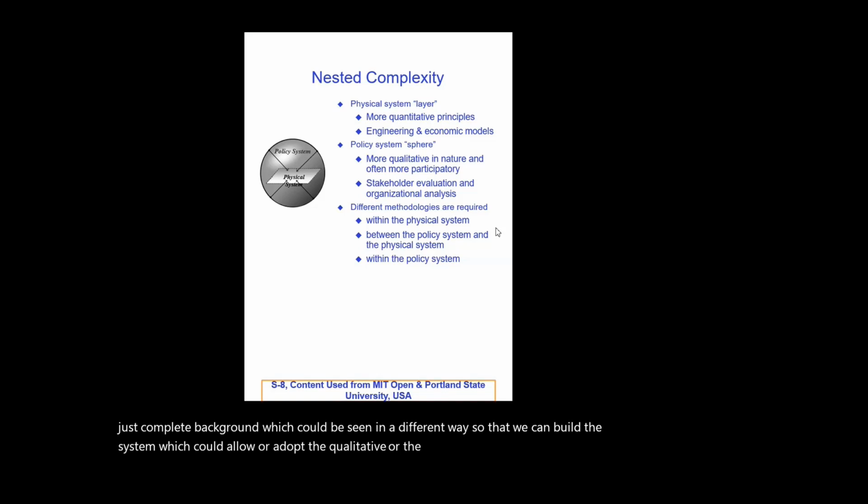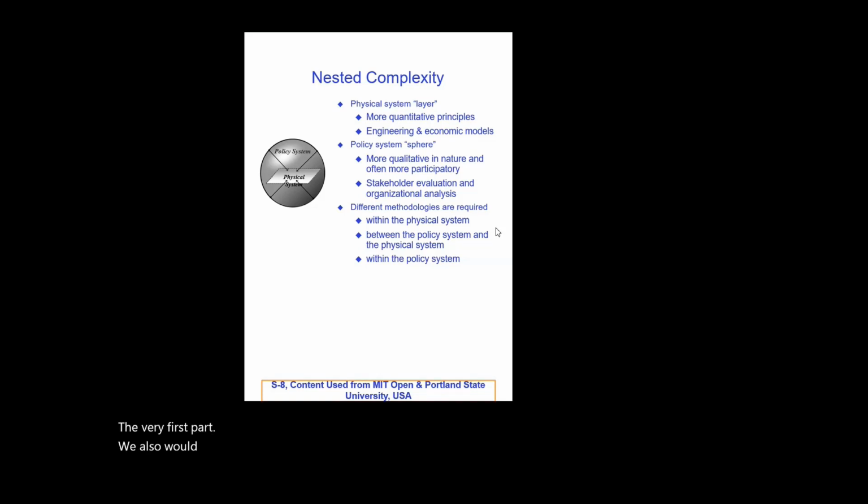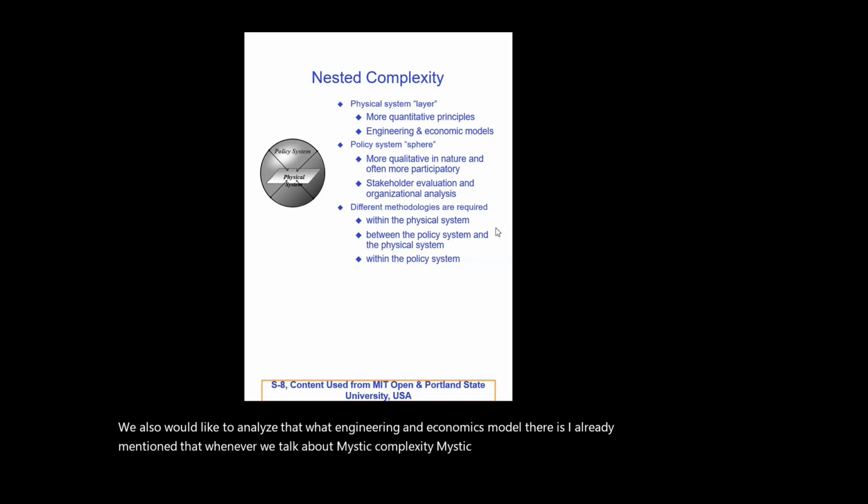So this is the very first part. We also would like to analyze what engineering and economics model there. As I already mentioned, whenever we talk about nested complexity, nested means the different layers of the system. Here the stakeholder and decision maker can see his interest, his gains, and also his investment. For example, no one is actually a fool.